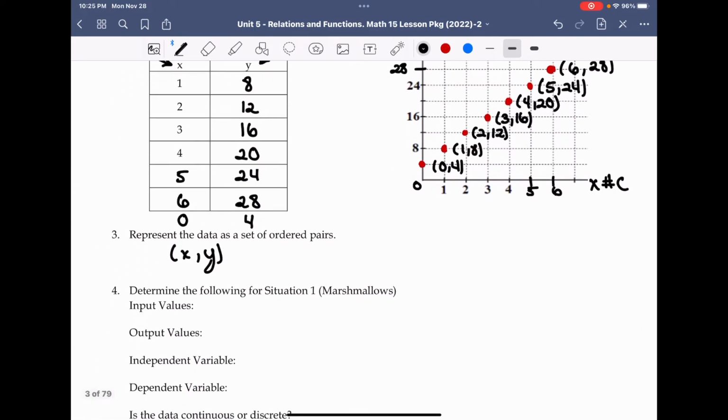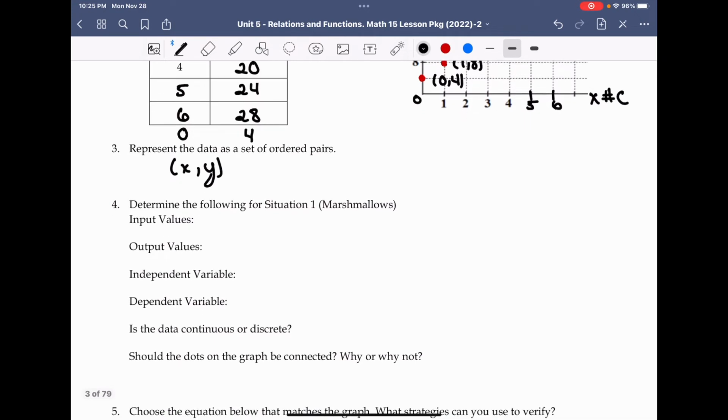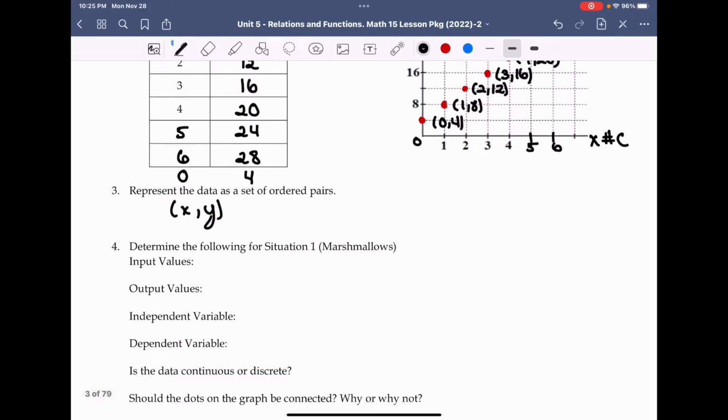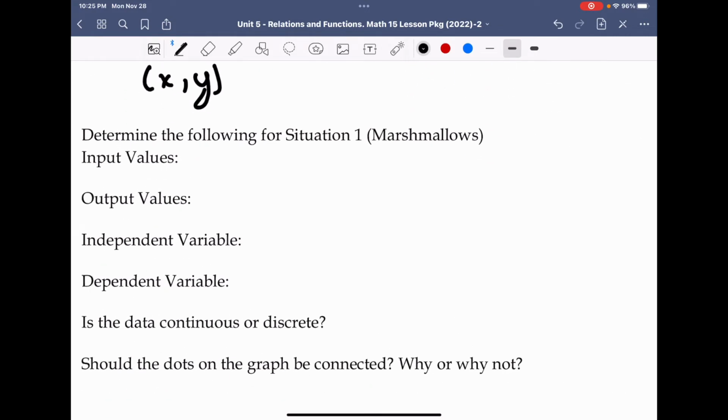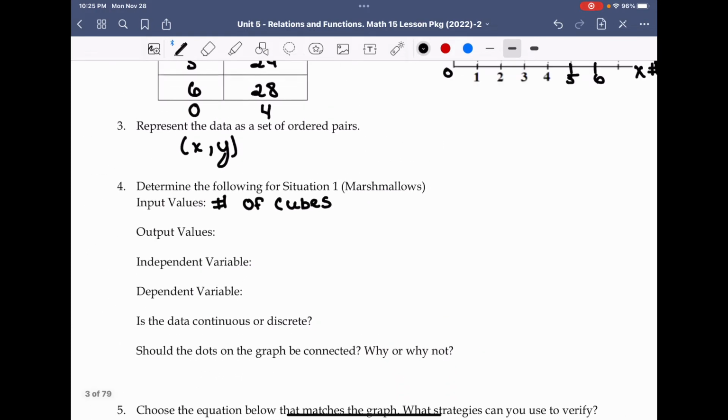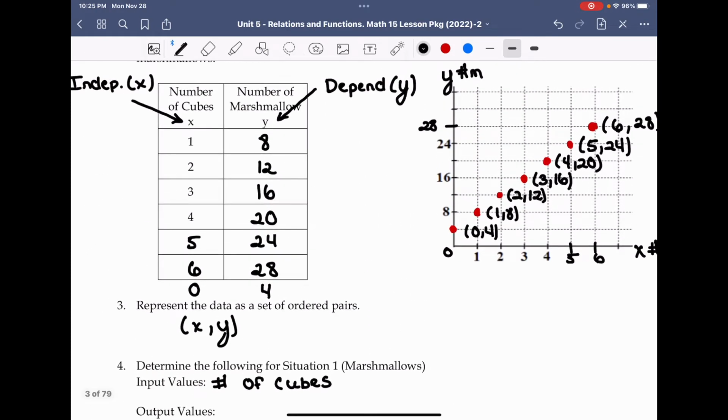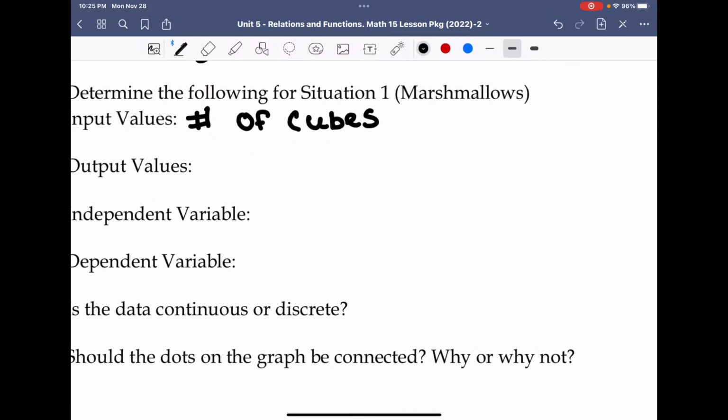Now we want to determine the following for this situation. What are our input values? Well, the input values are always our independent variable, or the number of cubes. So we're going to go here and say it represents the number of cubes. What are the output values? The output values are always determined by our dependent variable, or the number of marshmallows.